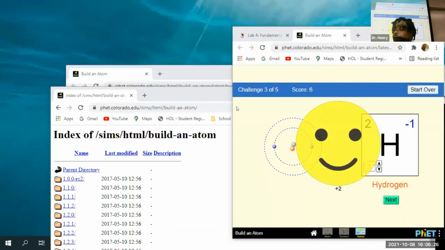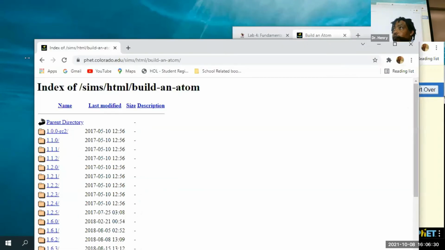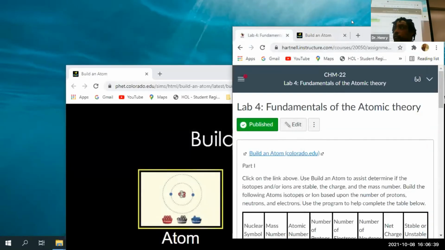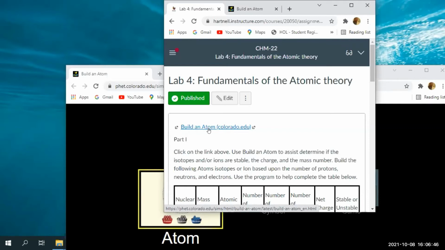Okay, let's see if I can find the lab. There we go. Yeah, so the link is right here where it says build an atom. So it's all part of the same thing.